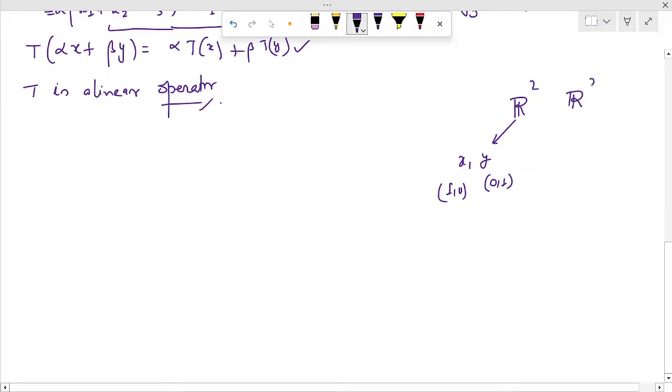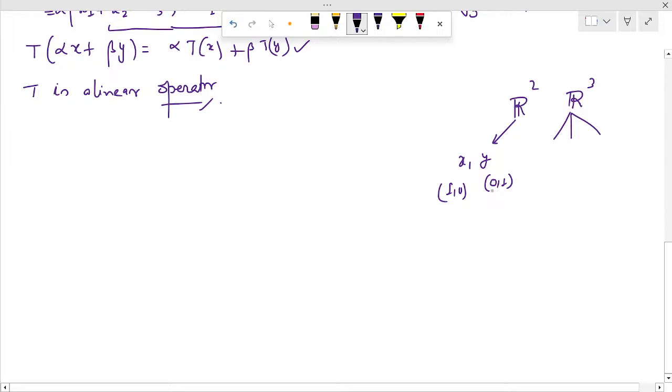I'm not saying these are unique, but these are the standard basis vectors. You may span R square by (1, 1) and (1, -1) also, but let me just write the standard basis for spanning the entire R square: (1, 0) and (0, 1). Okay, this is one thing.